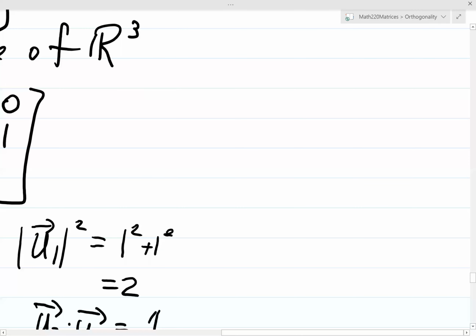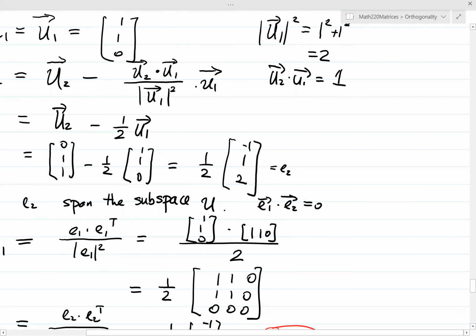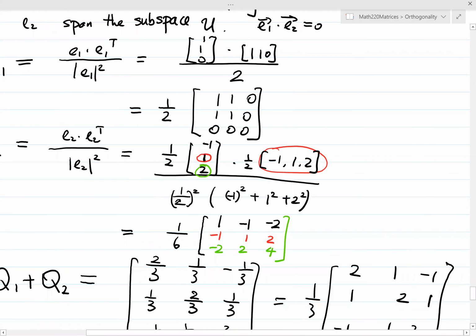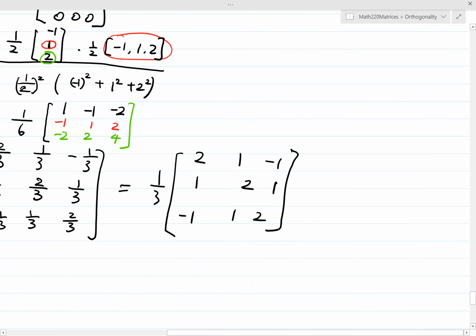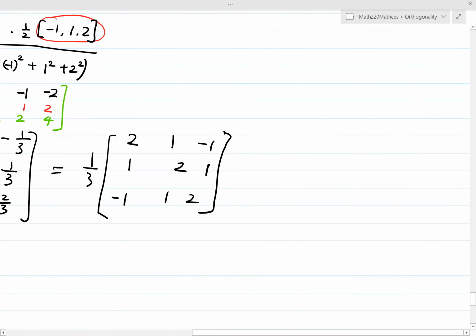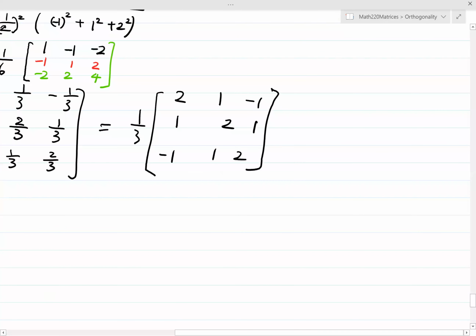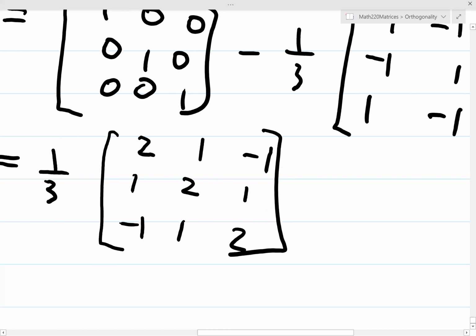Here it is. Let me make it bigger. This projection is obtained by projecting onto each of the two orthogonal vectors, using the projection matrix for each and adding the two projections, and then we get the projection onto the subspace U. Of course, we get the same matrix. You can check it yourself. These two matrices are the same.